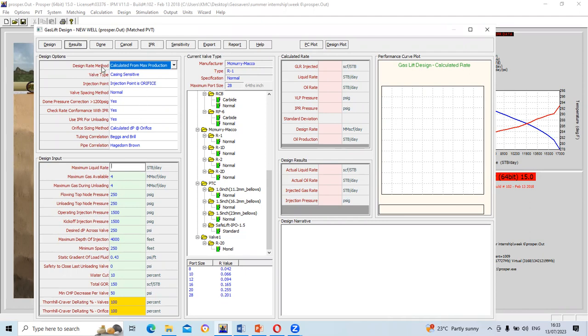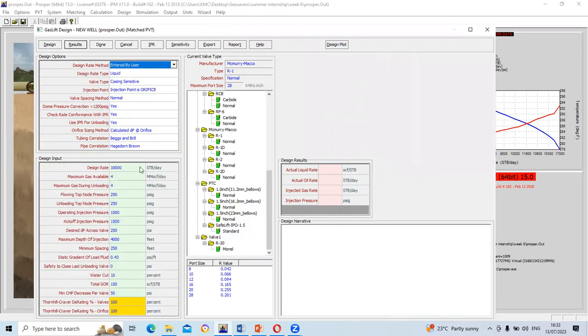The design rate method. I think it was at user defined. So if you don't put user defined, it shows that you have to calculate it using a correlation. That's why we're talking of calculating for maximum production rate. But we'll leave it at user design. That's not the main issue there.